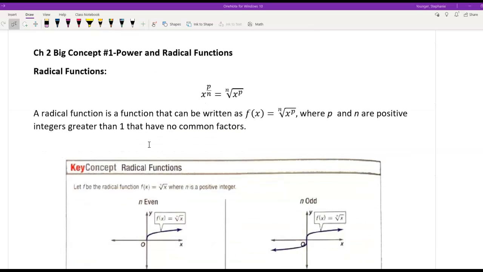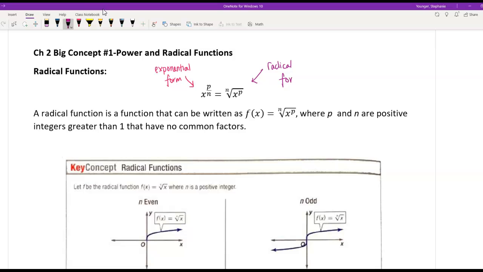All right, so now let's actually talk about radical functions. x to the p over n is the same as the nth root of x to the p. If I take a look here, this is what we call the exponential form, and this is what we call the radical form.